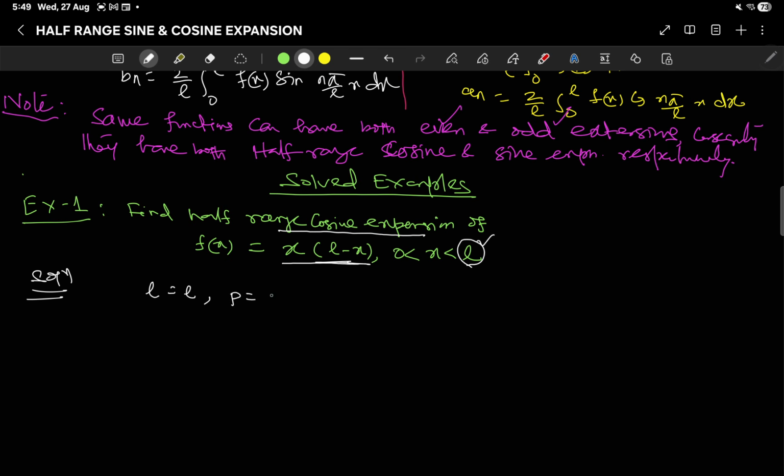But what is your period here? P is equal to 2L periodic, right? The function is defined in half of the interval, in 0 to L. We have to find its half range cosine expansion.